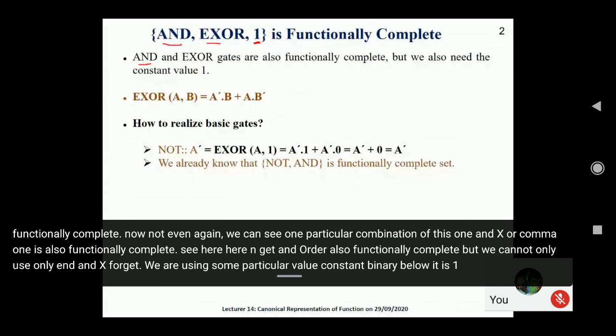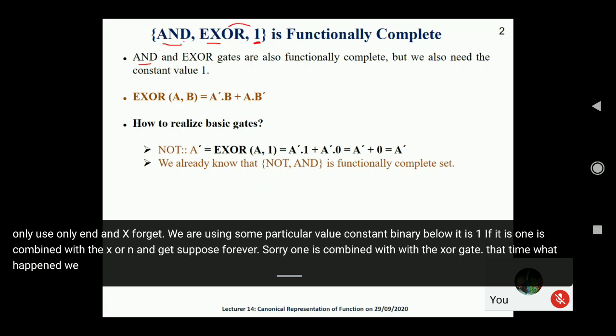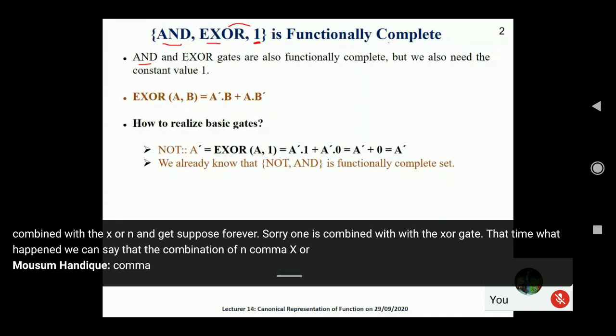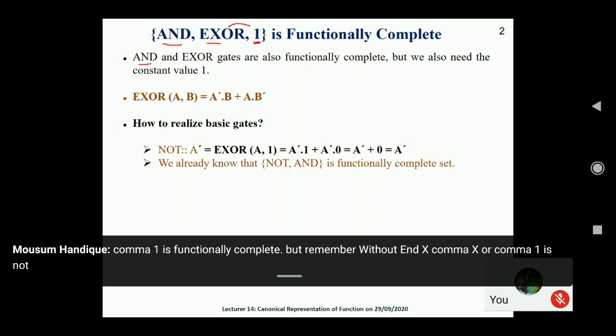When 1 is combined with the XOR and AND gate, we can say that the combination of AND, XOR, 1 is functionally complete. But remember, without 1, AND and XOR is not functionally complete.